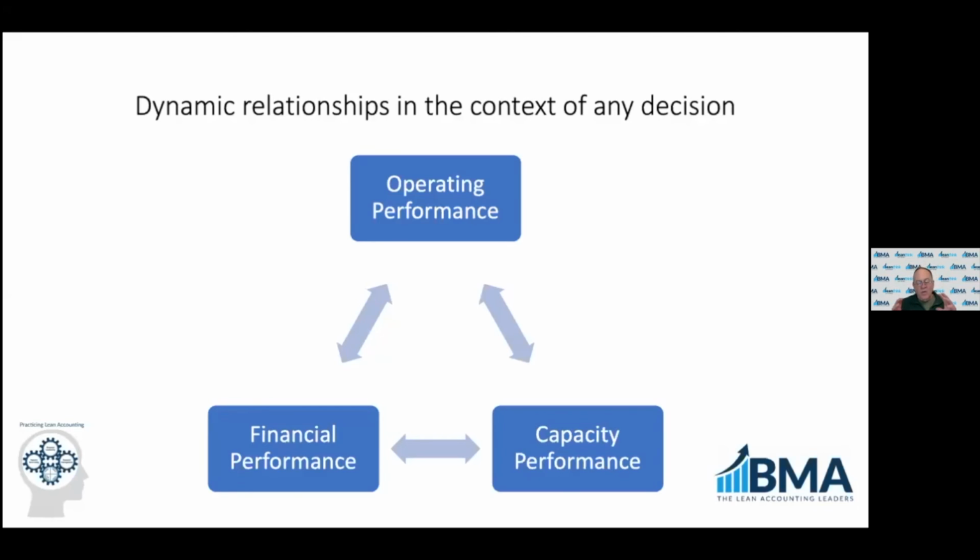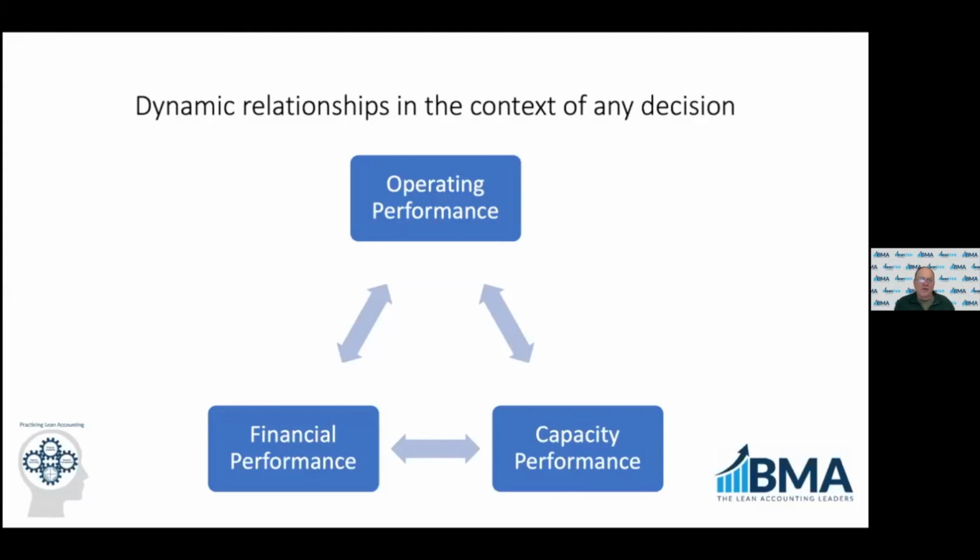So for any analysis, we want a decision maker or a team of decision makers to think about the impact on these relationships over the time frame of the decision.